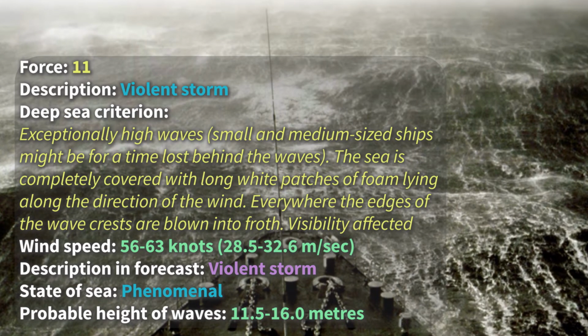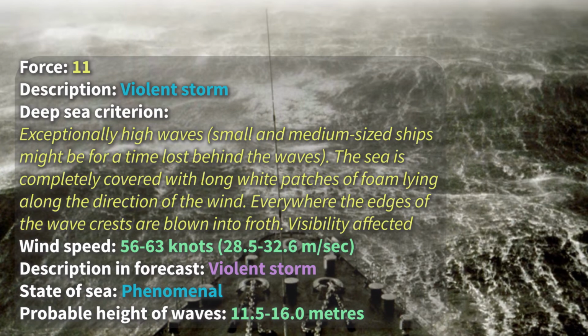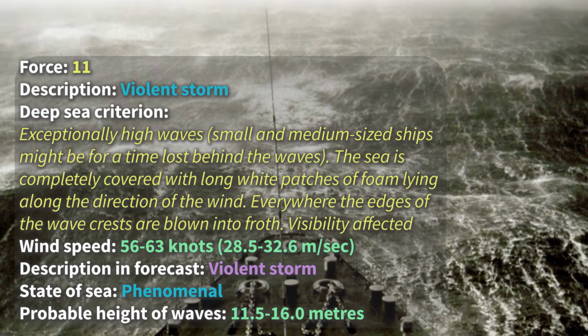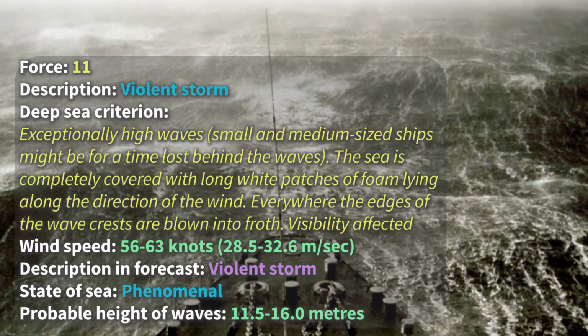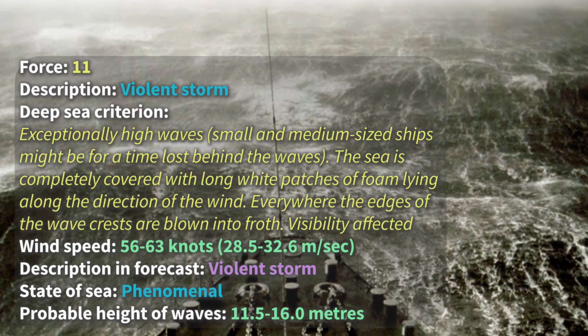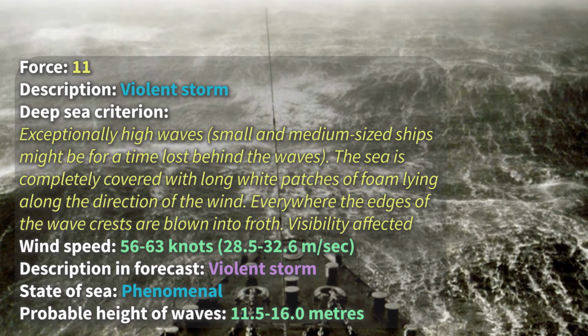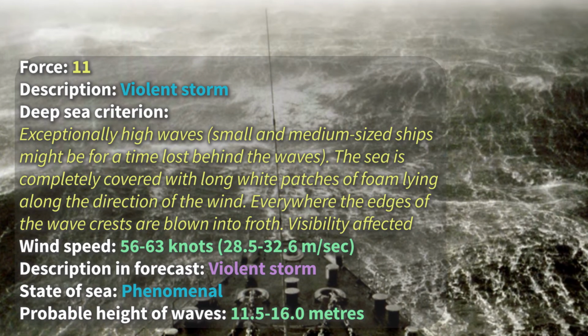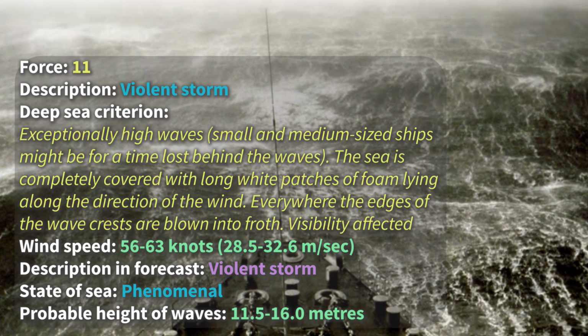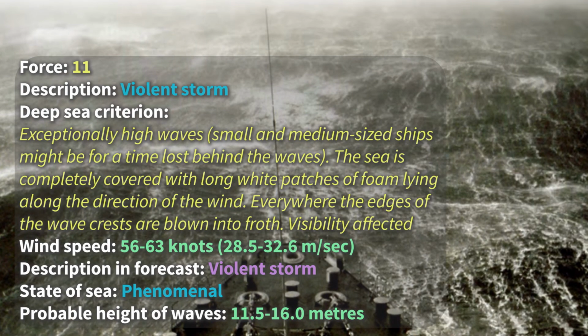Visibility affected. Wind speed 56 to 63 knots, 28.5 to 32.6 meters per second. Description and forecast: violent storm. State of sea: phenomenal. Probable height of waves: 11.5 to 16.0 meters.